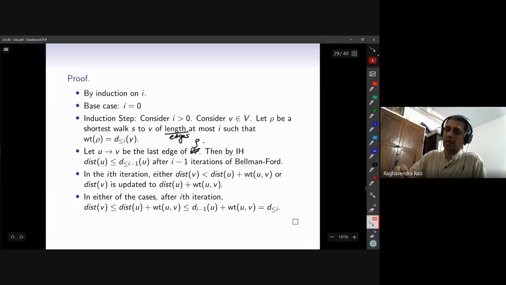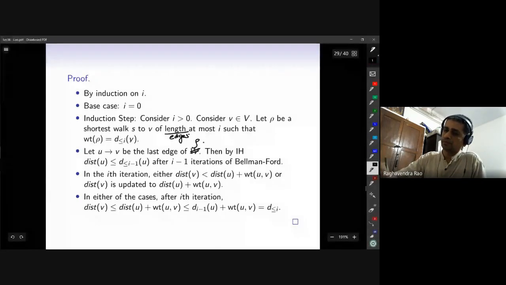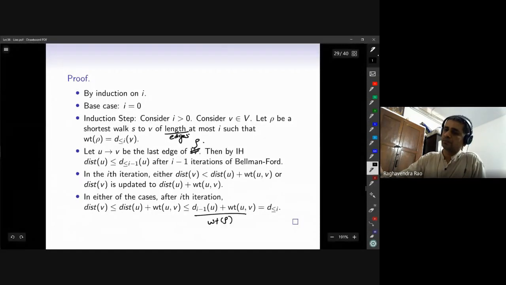Now by induction hypothesis, this is at most d_{i-1} of u plus weight of uv. So this is nothing but d_{≤i}, the weight of rho, which is equal to d_{≤i}.